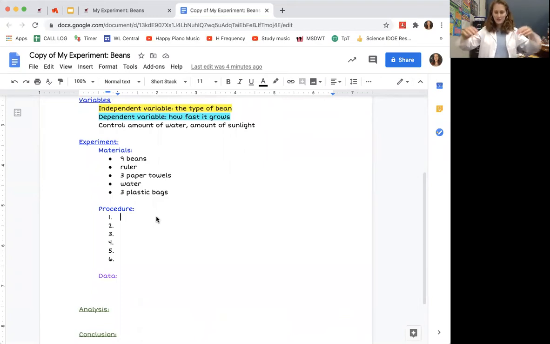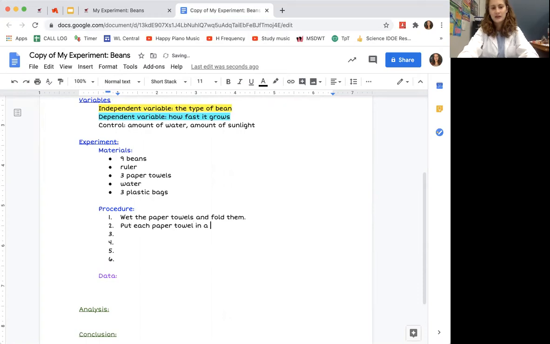The first step of my procedure was to wet the paper towels and fold them. Then I can put each paper towel in a plastic bag. Then I put 3 white beans on the paper towel in one bag.